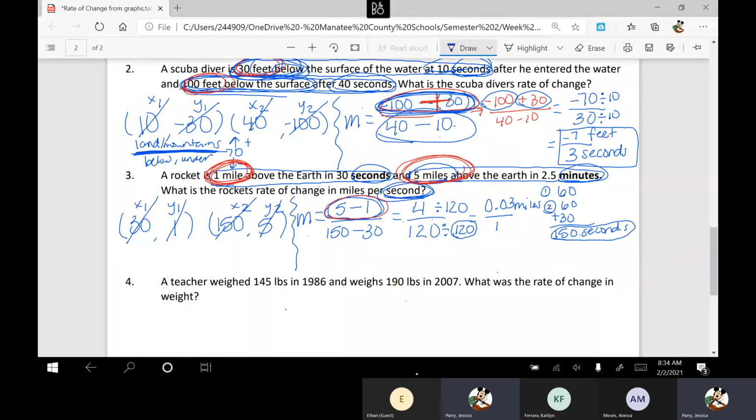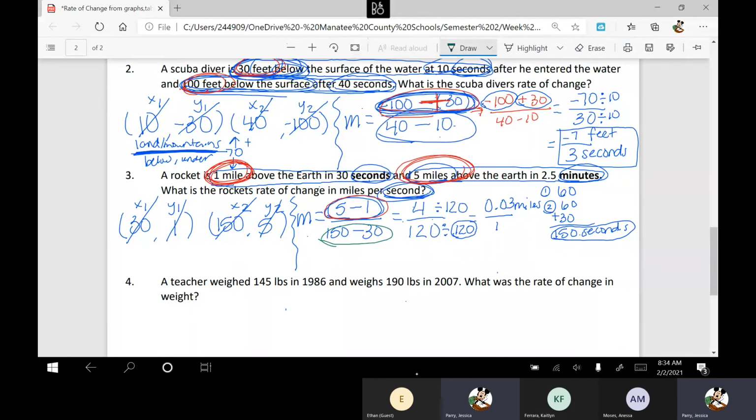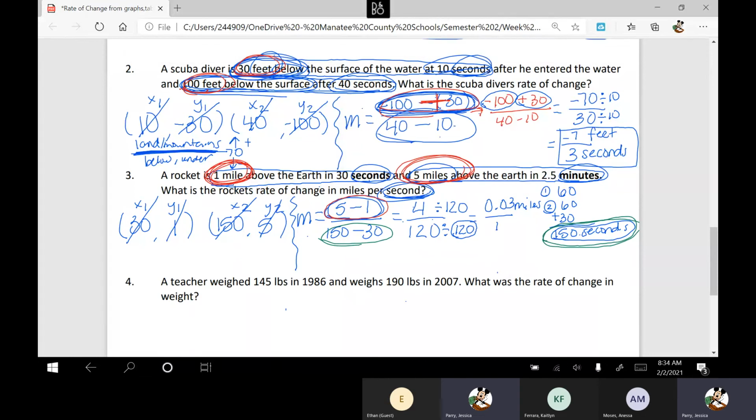And then the bottom number, let's go back here. I'll use, let's say green. We have the 150 and the 30. Here's my 150 because we had to change it. And here is the 30. So what word can I put on bottom? What word is next to the 150 and the 30?